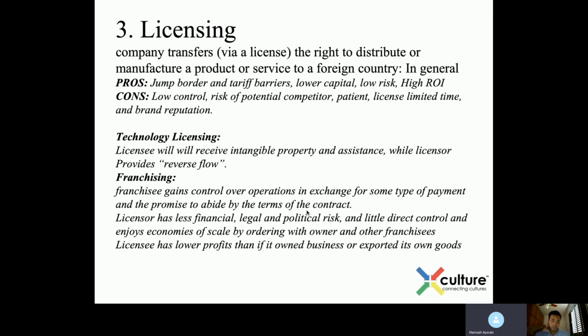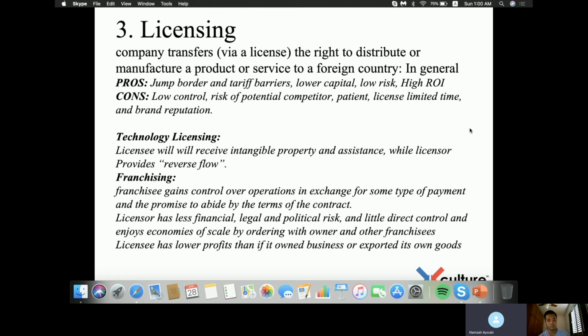In franchising, the franchisee gains control over operations in exchange for some type of payment and the promise to abide by the terms of the contract, while the licensor has less financial, legal, and political risk and little direct control and enjoys economies of scale. The franchisee has lower profit than if it owned the business or exported its own goods.